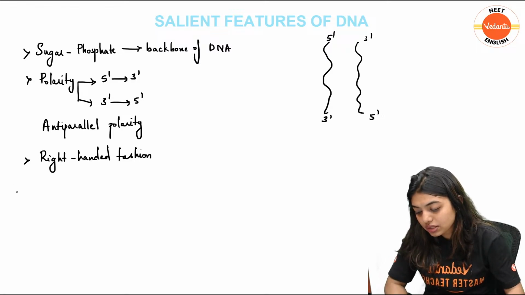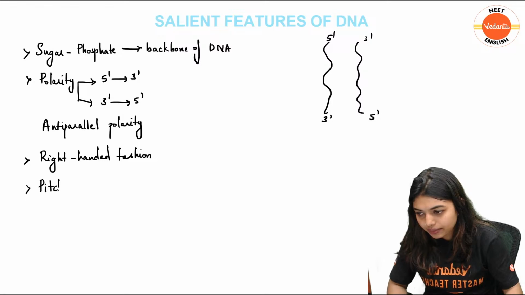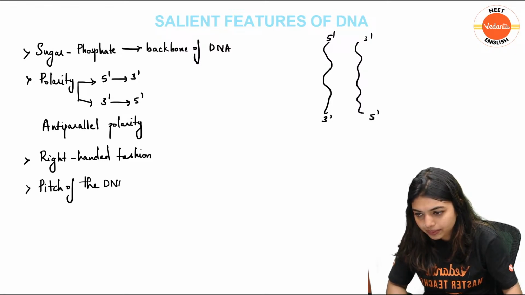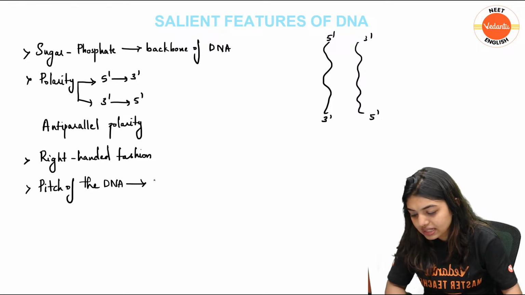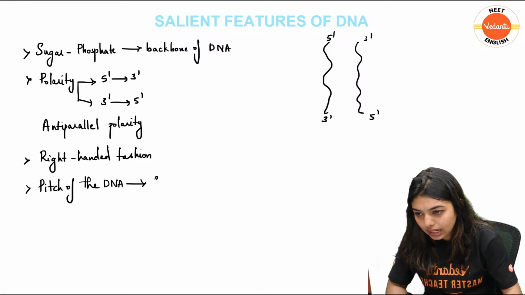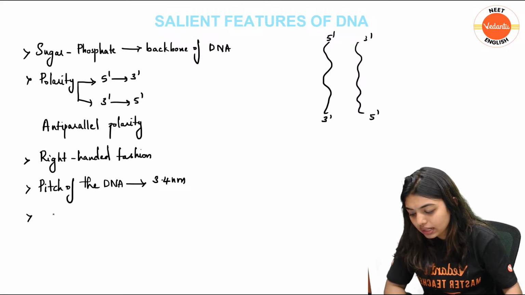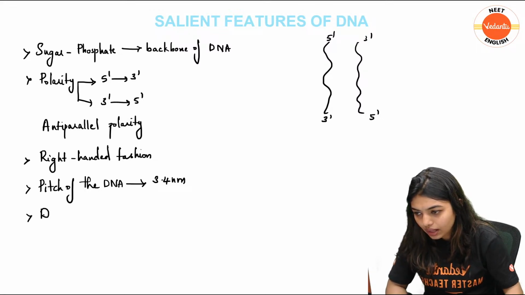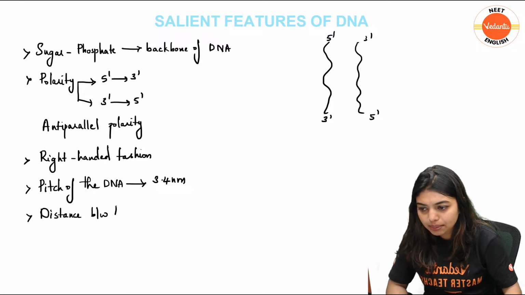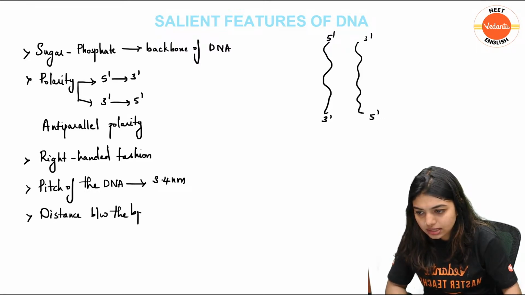Students, what more do we know about DNA? The pitch of the DNA is always 3.4 nanometer. Then we have to know the distance between base pairs, that means from one base pair to the next base pair.